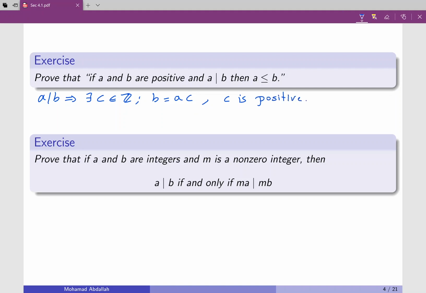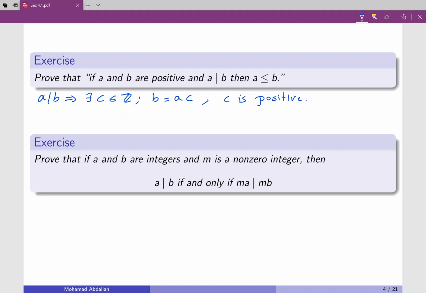And because a times c, with c an integer, is equal to b, it's clear that a has to be less than or equal to b, because the lowest value c can take is 1, and the largest value c can take is b.